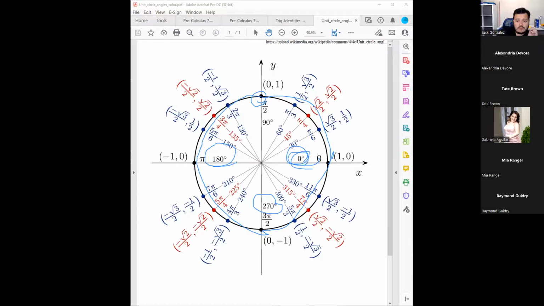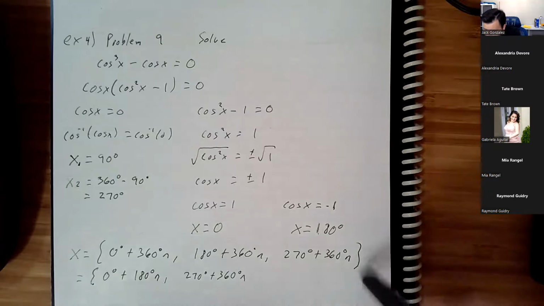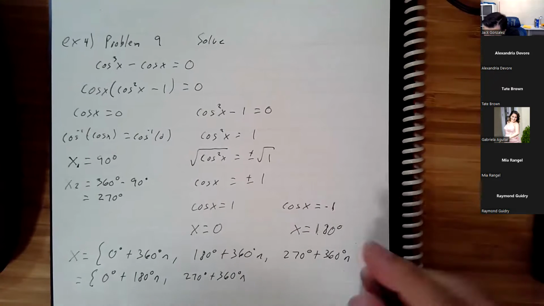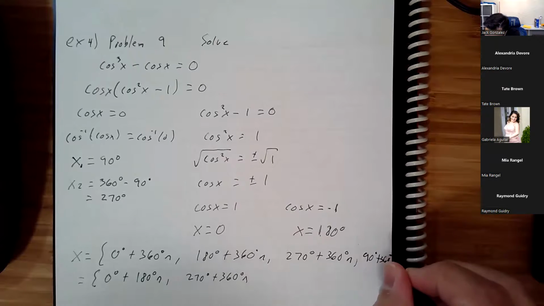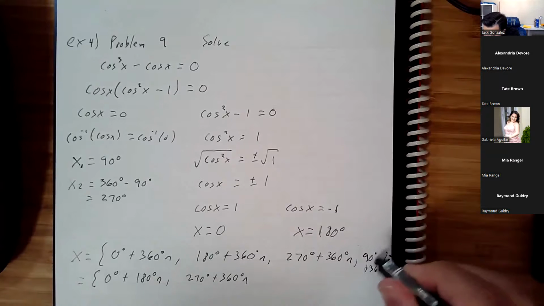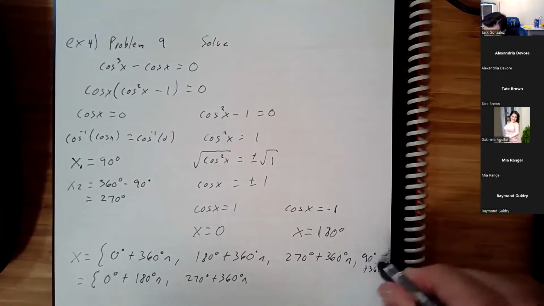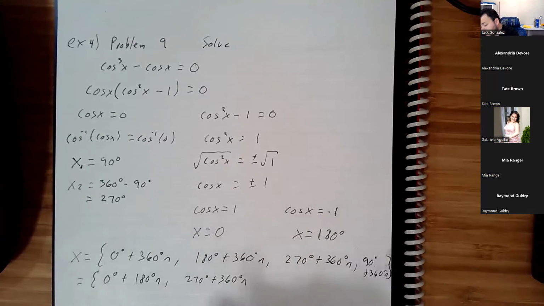So let's get back to the paper. So I should have had 90 degrees plus 360 plus 360. Okay.